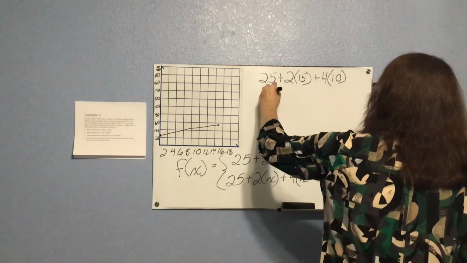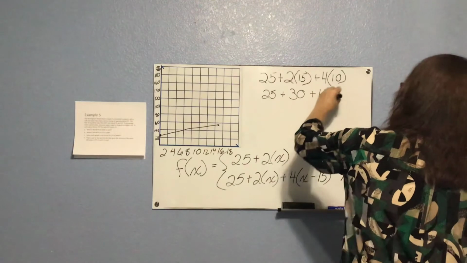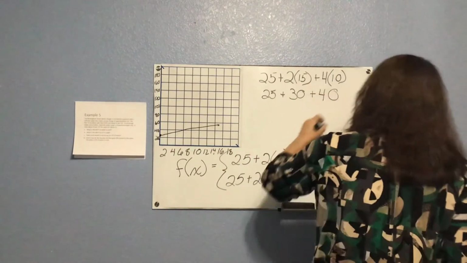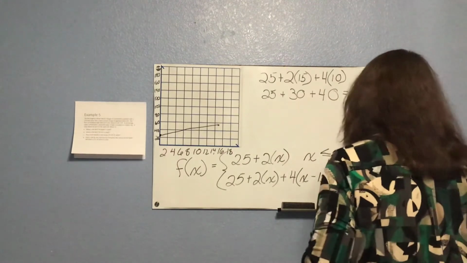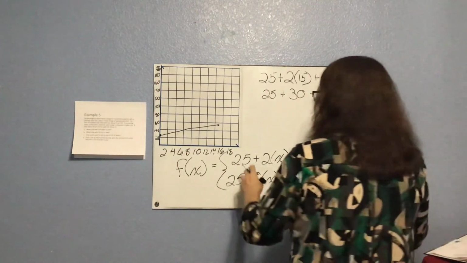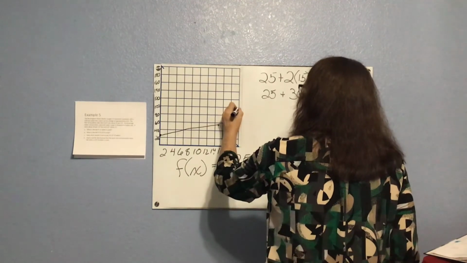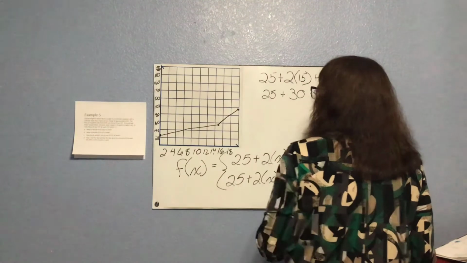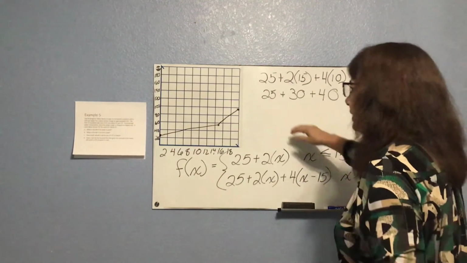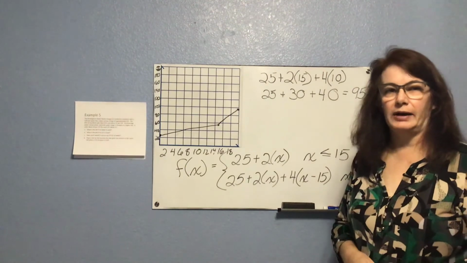So we had 25 plus 30 plus 40, so 95 at 20 units of water, so just below the 100 mark. So this is the graph of my piecewise function for this water bill calculation.